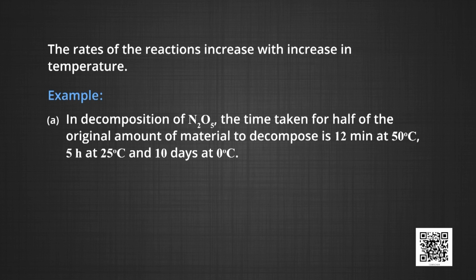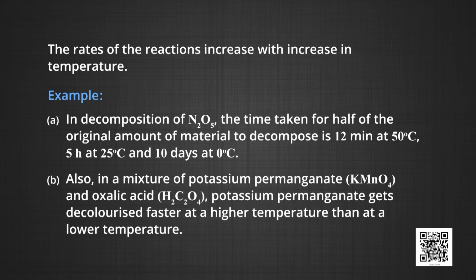It takes 5 hours at 25 degrees Celsius and 10 days at 0 degrees Celsius. Also, in a mixture of potassium permanganate, KMnO4, and oxalic acid, H2C2O4, potassium permanganate gets decolorized faster at a higher temperature than at a lower temperature.